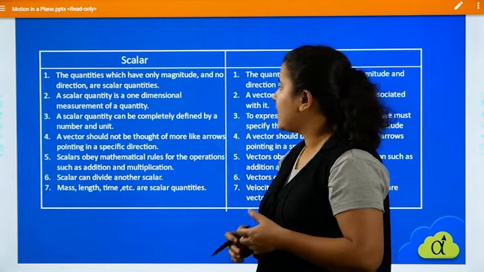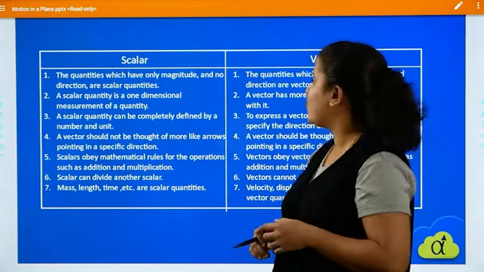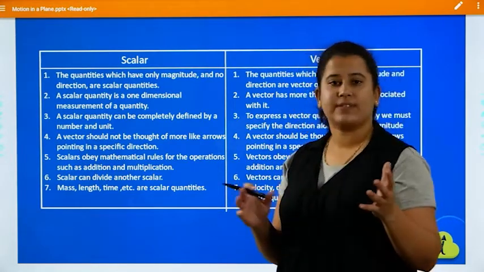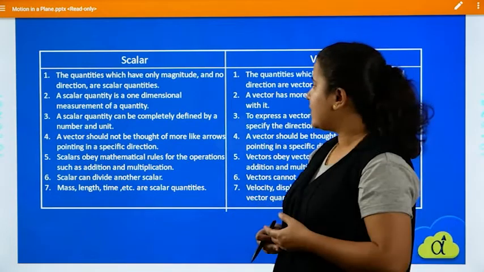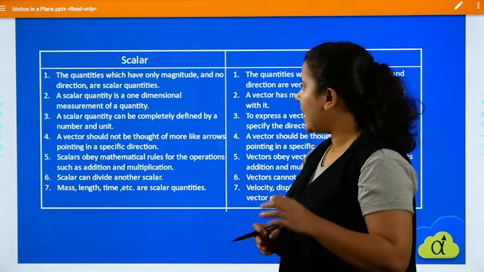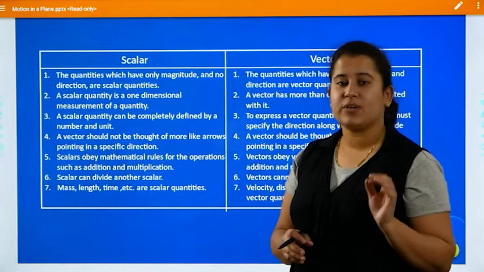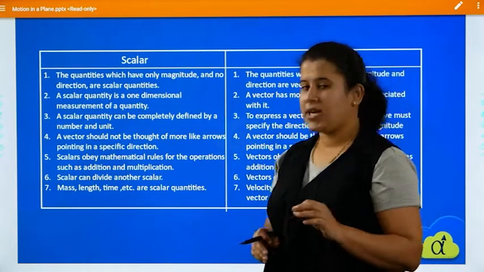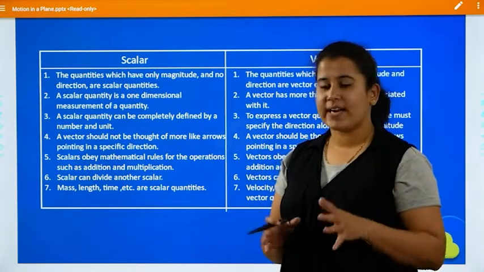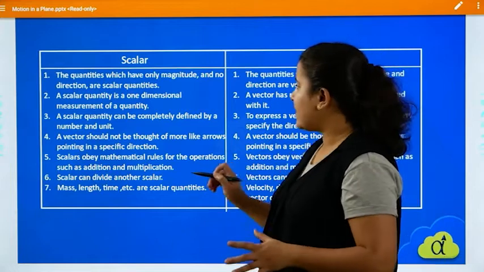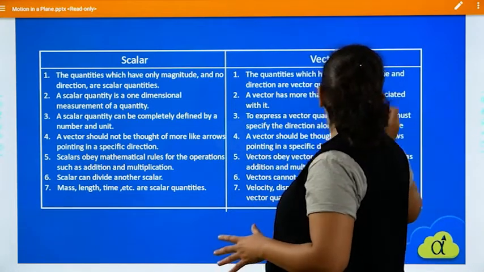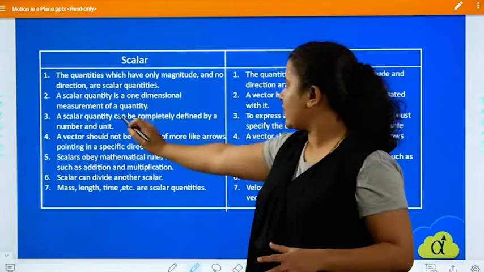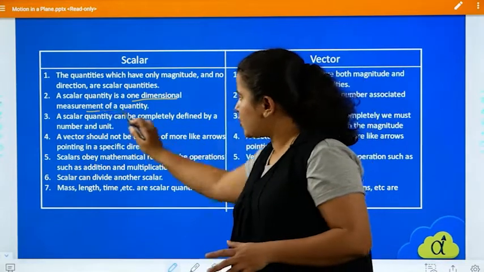Coming to the scalar, the quantities which have only magnitude and no direction are scalar quantities, which we know now. The second one is, a scalar quantity is a one-dimensional measurement of a quantity.